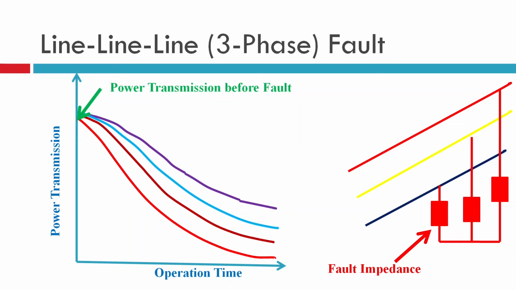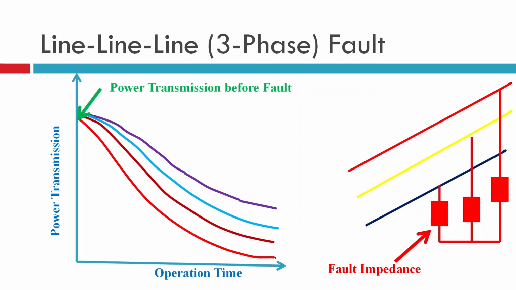These three impedances may be same or different. Moreover, because of this, the further transmission of power is affected. Hence, this fault is considered the most severe among the other faults.